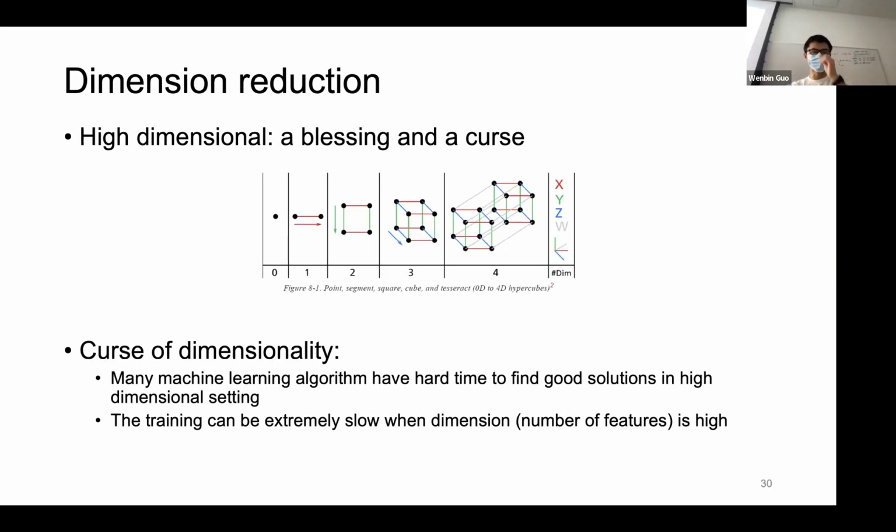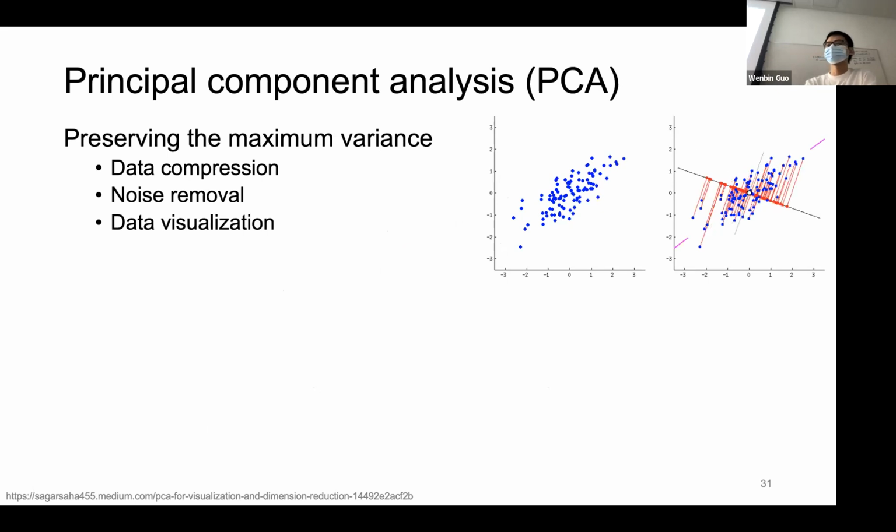To deal with the high dimension problem, one very classic way is to do PCA. I think you have probably heard about it, either from research papers or from talks. PCA, which stands for principal component analysis, means we want to find a projection that preserves the maximum variance.